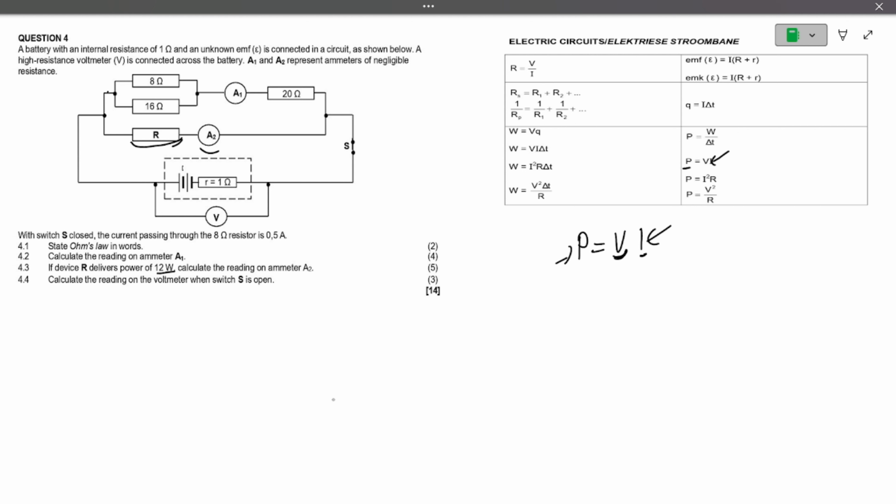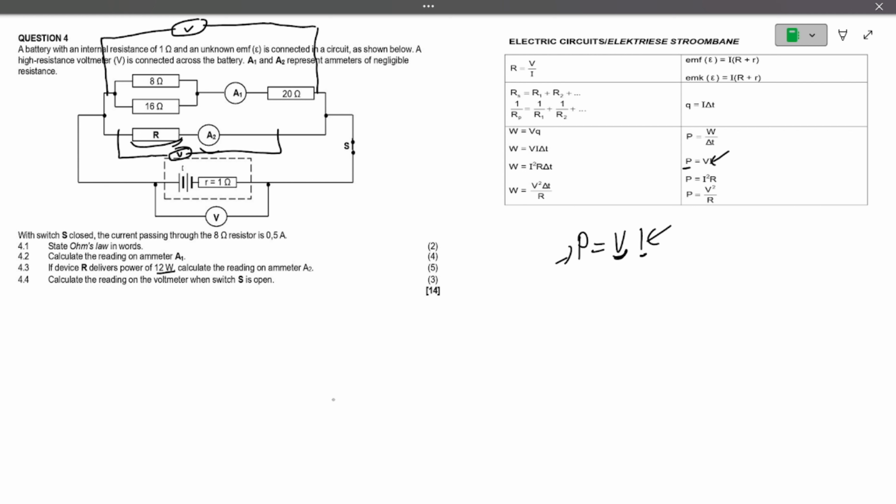So if we were to take a voltmeter reading, let me just do this, and we have this voltmeter here, and then we put it here, and then we take another voltmeter reading here, and then we put it here.